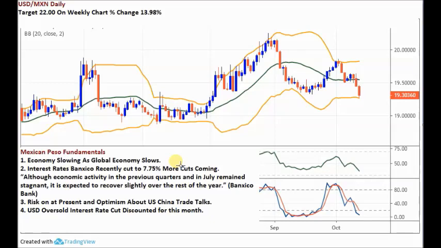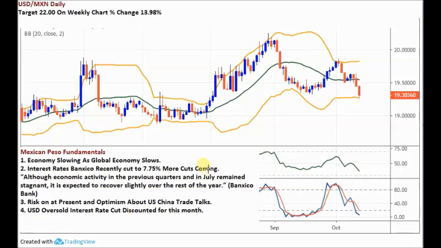So that's bearish for the peso because interest rates, they're coming down. They recently came down to 7.75%. Actually, 7.75% is the best interest rate you're going to get on a major currency. But yeah, more rate cuts are coming.